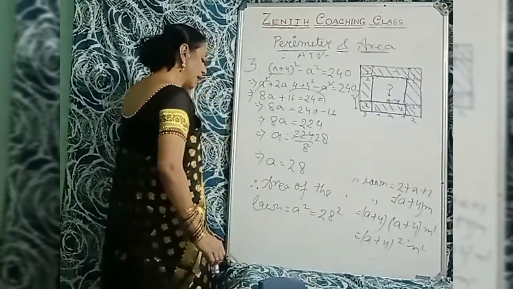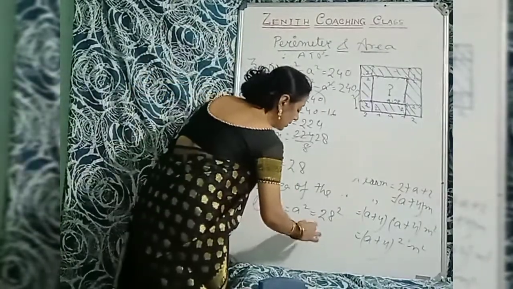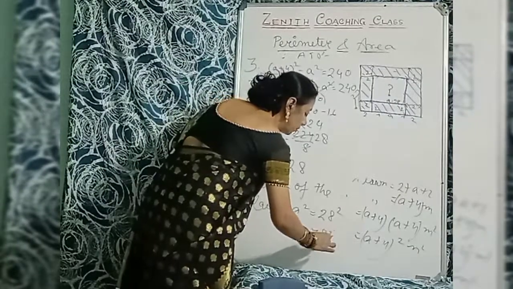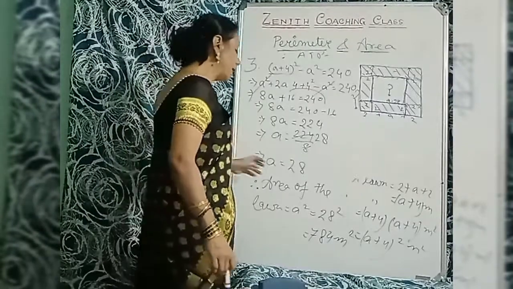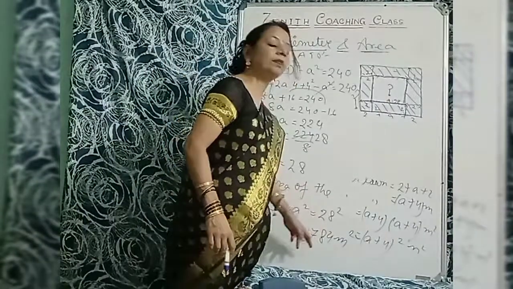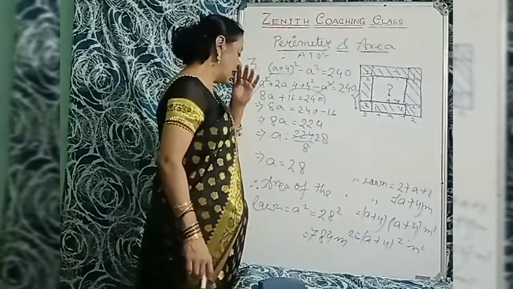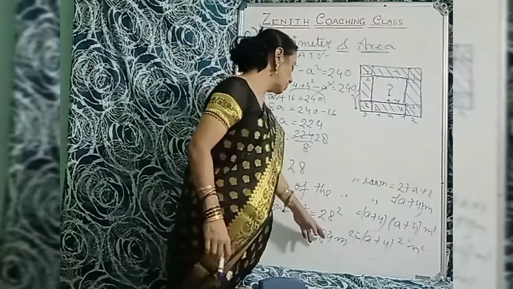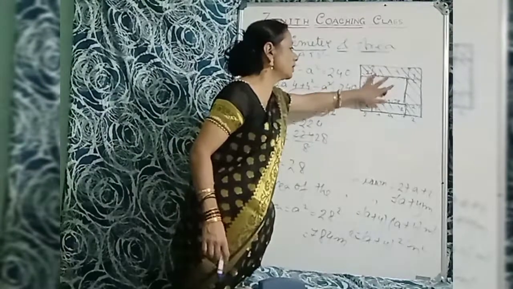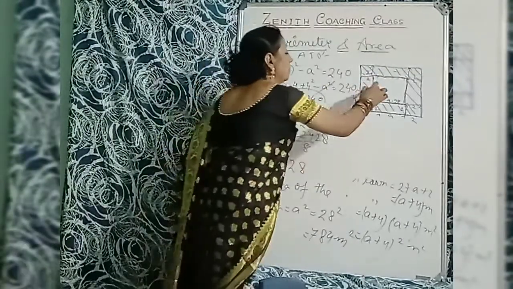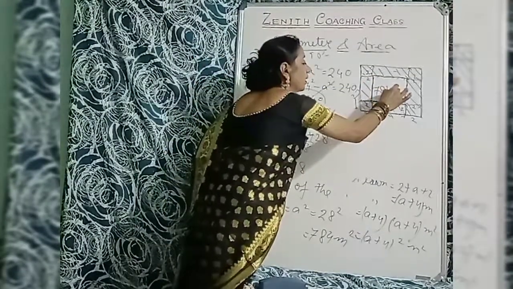So 28 square equals 784 meter square. You have to multiply 28 by 28, but I just calculated here and it is 784 meter square. So the area of the smaller lawn is 784 meter square.